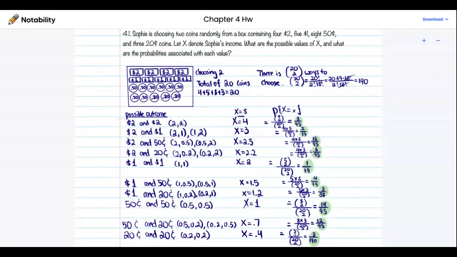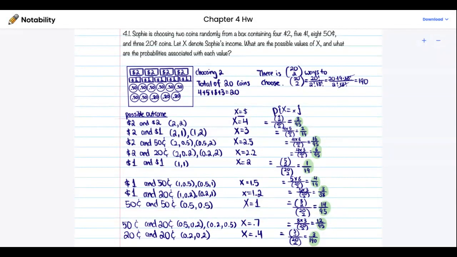The second outcome is a $2 and a $1, giving $3, with probability 4 times 5 over 20 choose 2, which is 2/19. The third outcome is a $2 and a 50-cent, giving $2.50, with probability 4 times 8 over 20 choose 2, which equals 16/95.